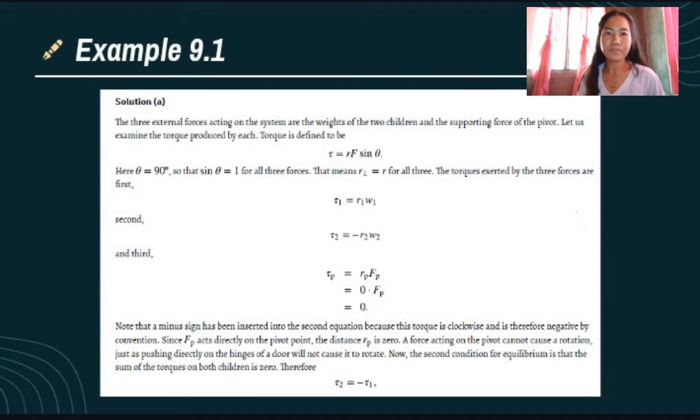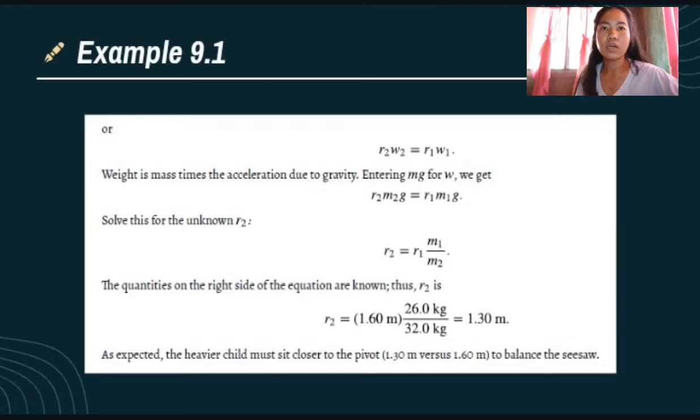It does not rotate. Now, the second condition for equilibrium is that the sum of the torques of both children is 0. Therefore, torque sub 2 equals negative torque sub 1, or r sub 2 times w sub 2 equals r sub 1 times w sub 1.